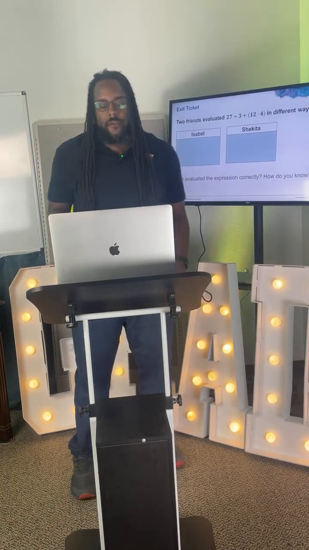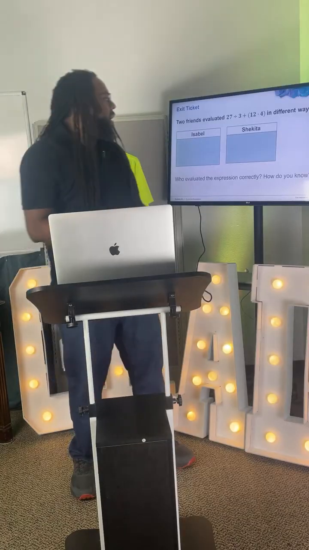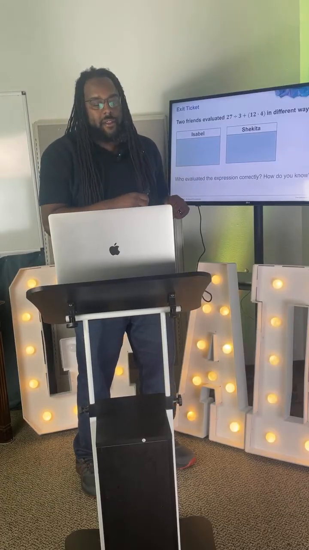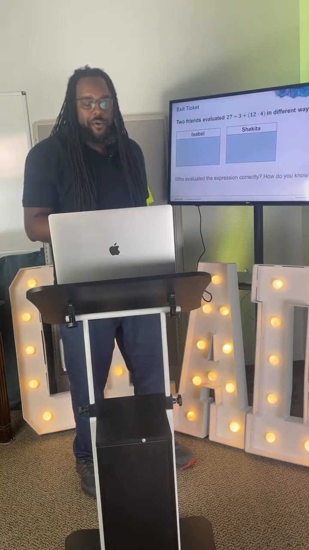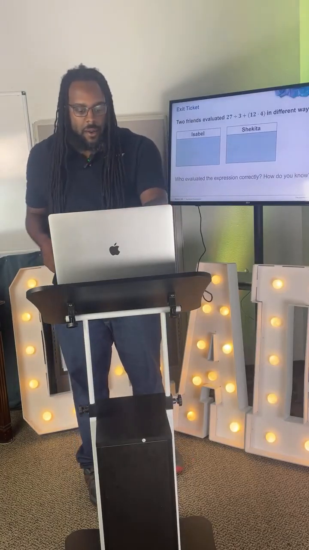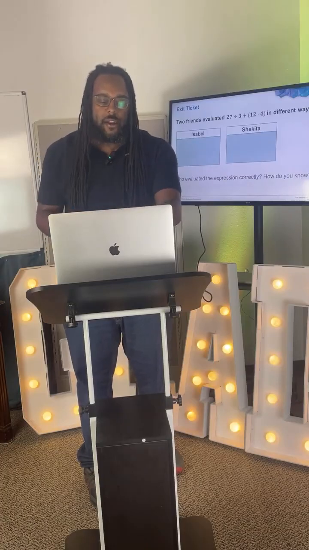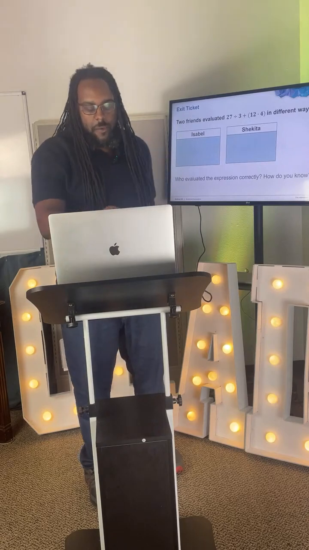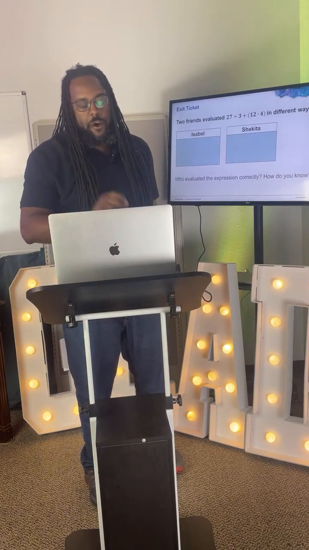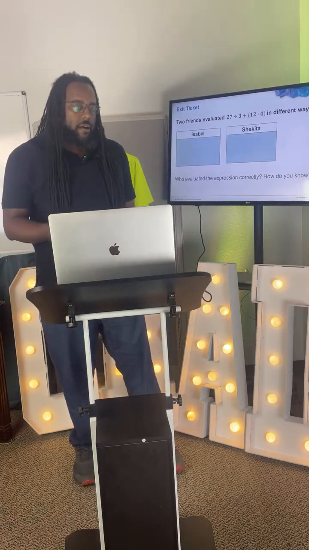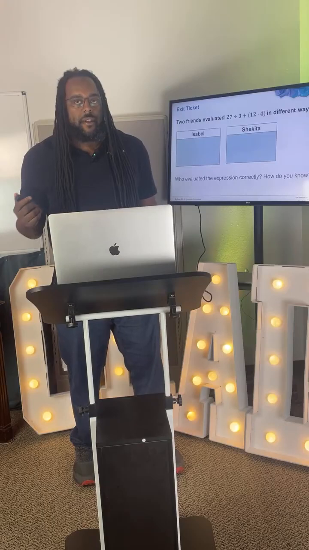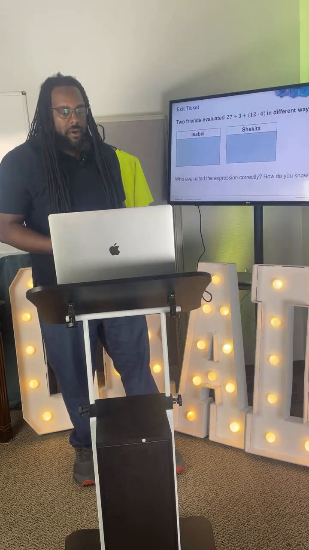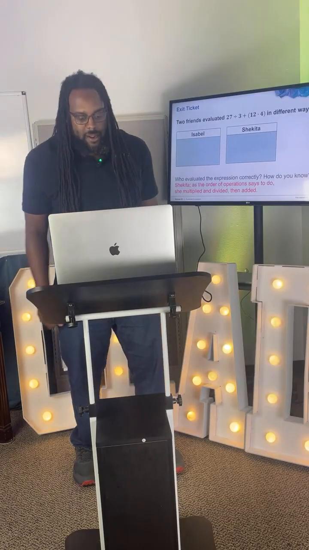But even though I'm missing that, we're going to talk about what is the right way. The right way is to do it in the parentheses first. So we have the 12 times 4, which is 48. And then by order of operations, we go back to the beginning and evaluate this 27 divided by 3, which is 9. So then we end up with 9 plus 48. 9 plus 48 equals 57. So the answer would be 57, which apparently Shakita got.